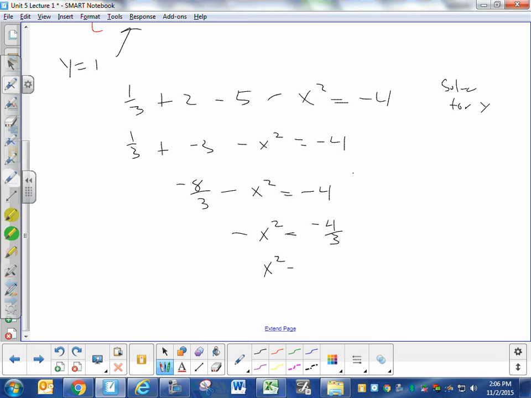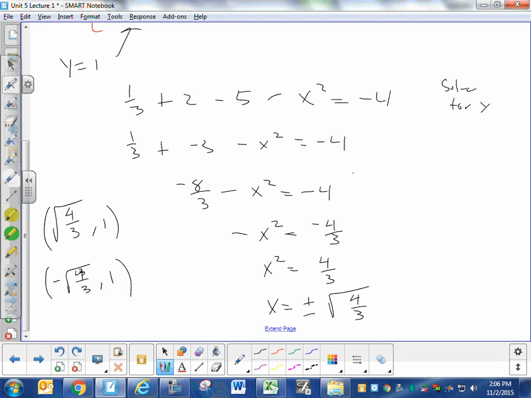This will be x squared is equal to 4/3, or x is equal to plus or minus √4/3. So I now have two locations, √4/3, comma 1, and -√4/3, comma 1, where I think I have vertical tangents.